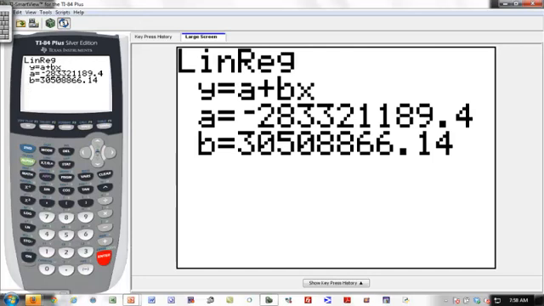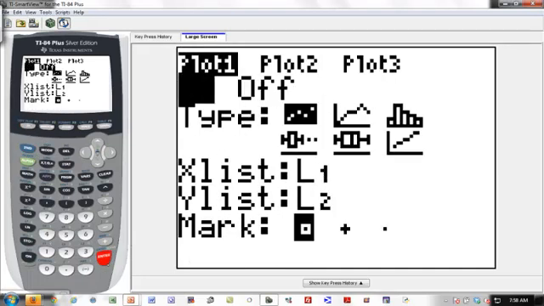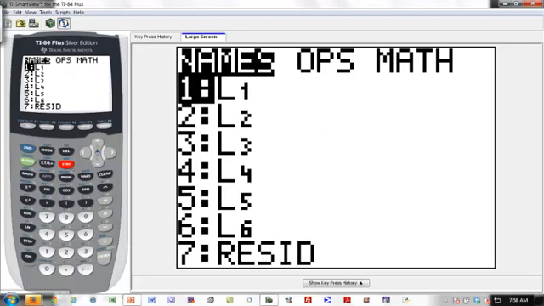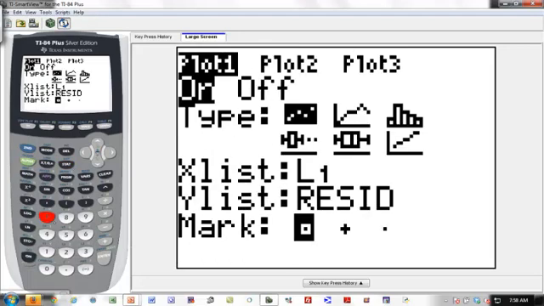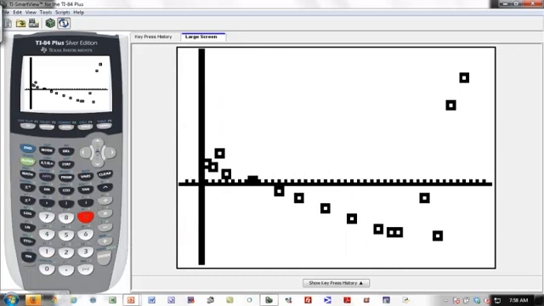If we were to do the residual plot, we'll go second stat plot. Turn plot 1 on. We still want an XY plot or a scatter plot. And we want L1, but we don't want it versus L2. We want it versus residual, which is 7 on my list. And then we can do a zoom 9. And the question we ask of this plot is, do we see a pattern?